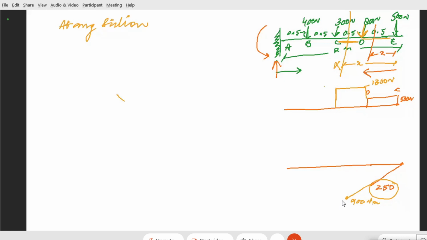At any section between B and C, from E, we are calculating it from E. We came from left to right. So firstly, what will we have? We will be having a shear force. And shear force at section X will be equal to simply what are the forces?